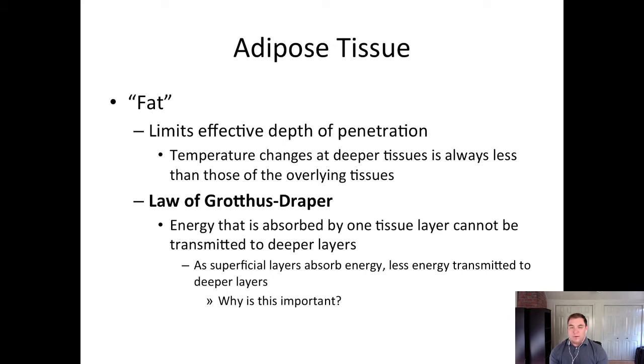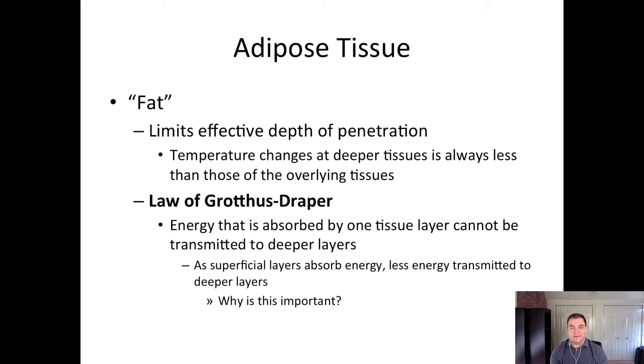Why is this important? Well, when you place a thermal modality on a patient, hot pack, ice bag, even ultrasound, some things that we'll talk about, this can get important because, let's say you're heating a gluteus maximus and you want to heat not necessarily the superficial muscles, but you want to heat and stretch the piriformis, which is a deep rotator muscle of your hip. It goes from your greater trochanter to your sacrum.